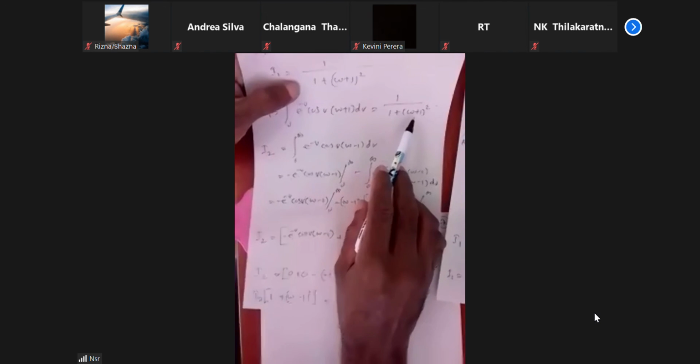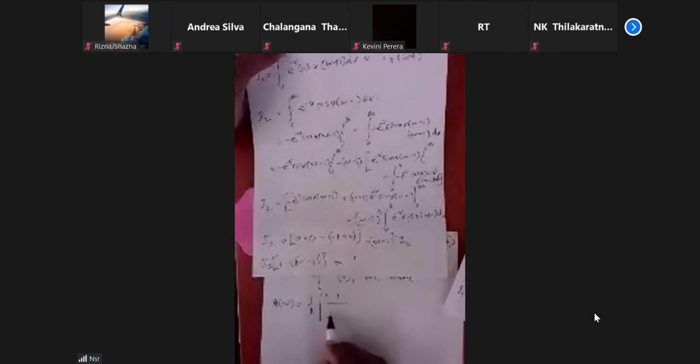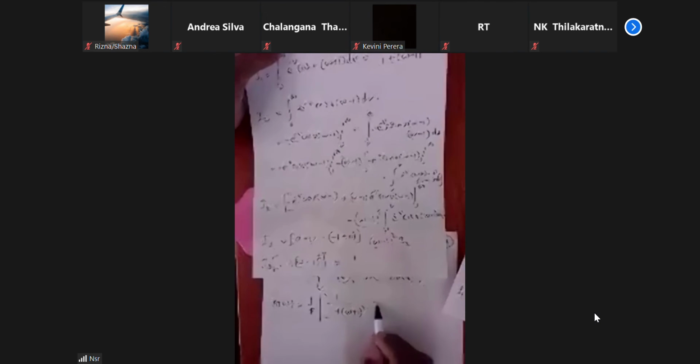I1 means 1 over 1 plus omega plus 1 square. So you can substitute that value here: 1 over 1 plus omega plus 1 square, plus, again you can see the I2. I2 means we receive this value, you can substitute 1 over 1 plus omega minus 1 square.